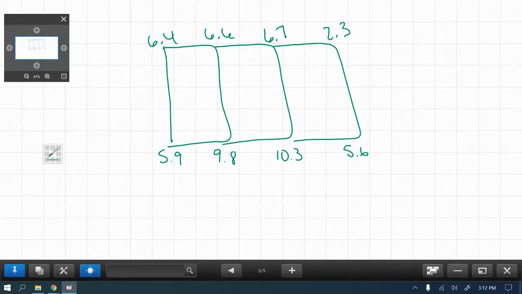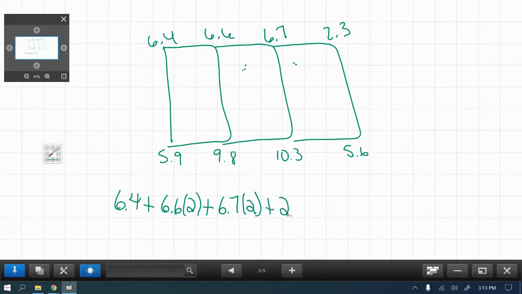So my sum of my corner cuts, I would start with 6.4, and I would say plus 6.6. I'm going to just multiply it by 2 instead of putting 6.6 in there twice. And then I'm going to say plus 6.7, because that touches 2, times 2. Plus 2.3, and I'm going to only list it one time because it only touches this one. And then I'm going to come down. You can either go in order or you could drop down to the 5.9. 5.9 touches 1.